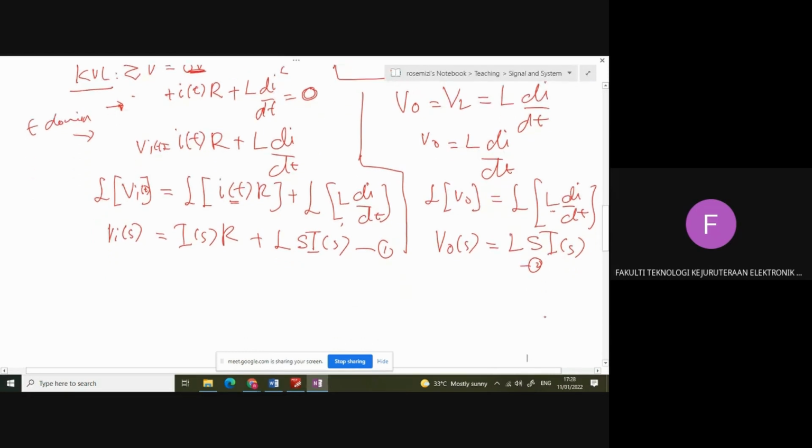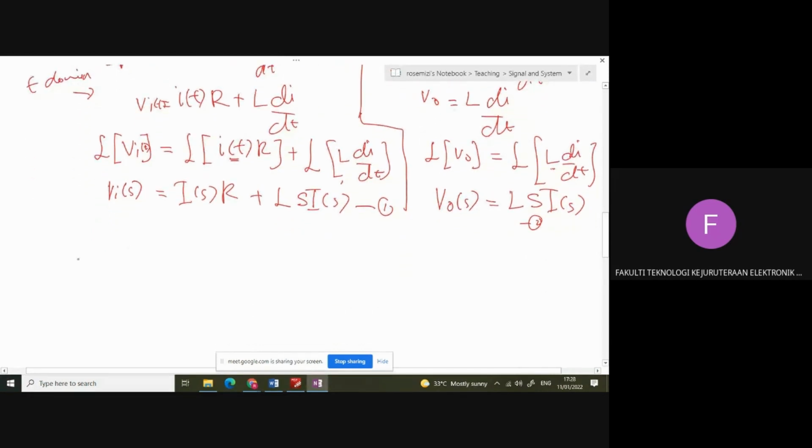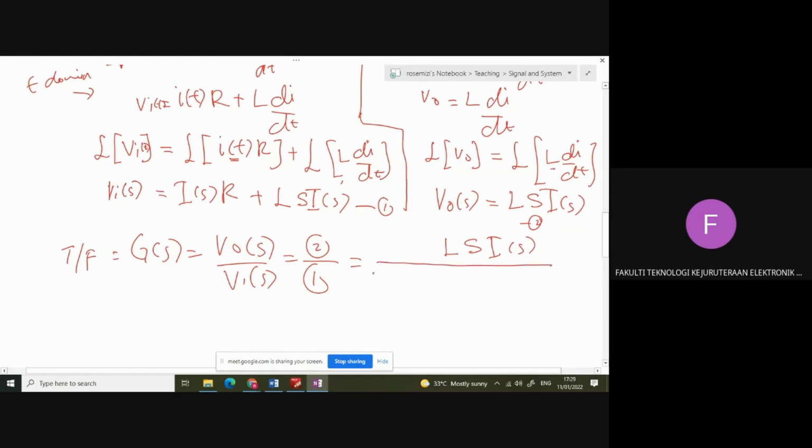So finally, the transfer function G(s) equals Vout over Vin, which is equation number 2 divided by equation number 1: L s I(s) over I(s) R plus L s I(s).